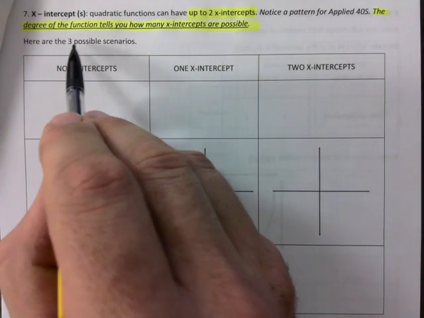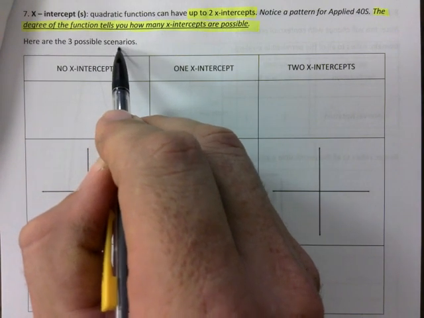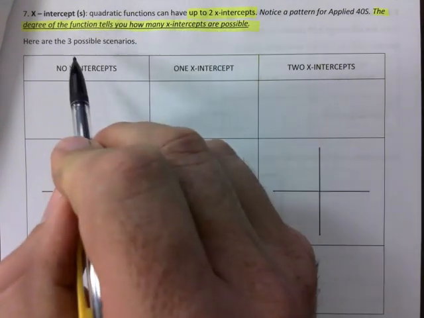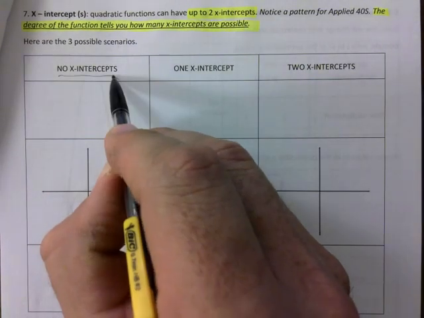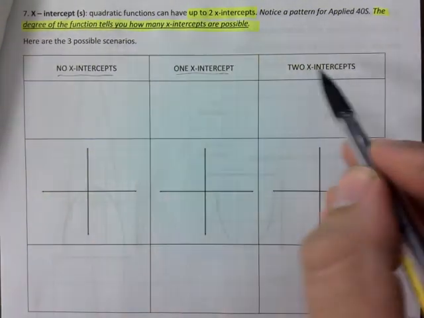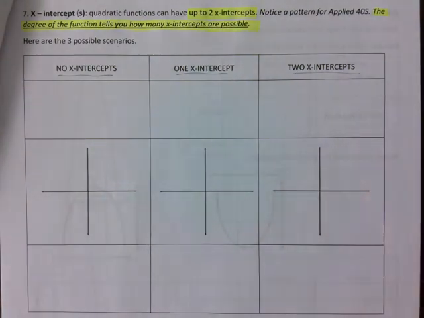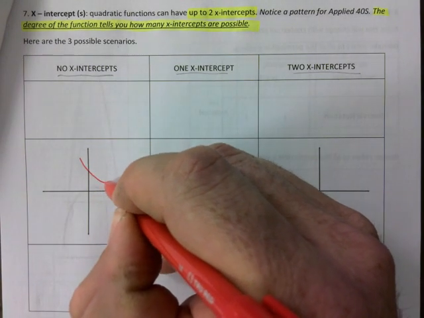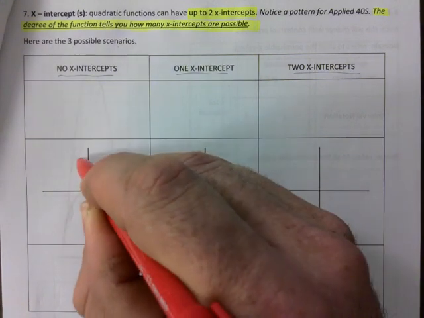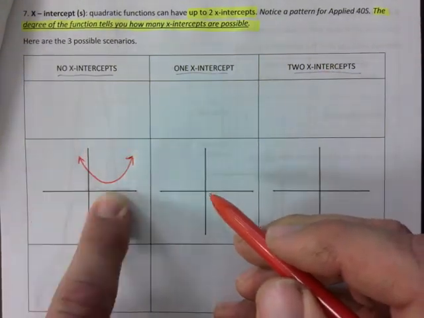So there are 3 possible scenarios. You're like, 2 x-intercepts, 3 scenarios, what's going on here? Well, you could have no x-intercepts, 1 x-intercept, or 2 x-intercepts. Here are the scenarios. I use red pen for my curve, but you don't have to. No x-intercept would just mean that the parabola simply never crosses the x-axis.